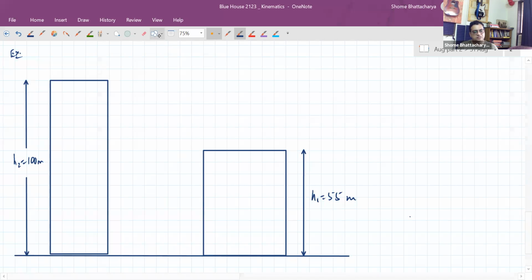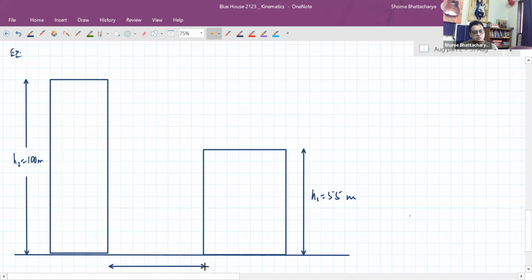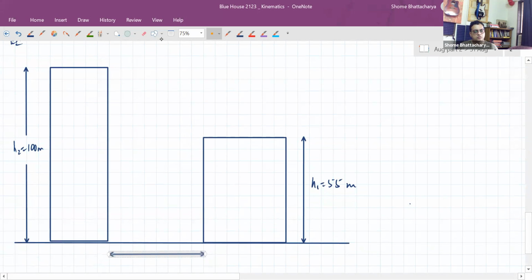And also the distance between these two buildings, that is 60 meters. Okay.